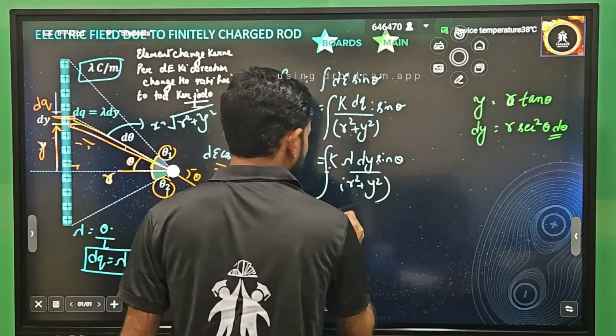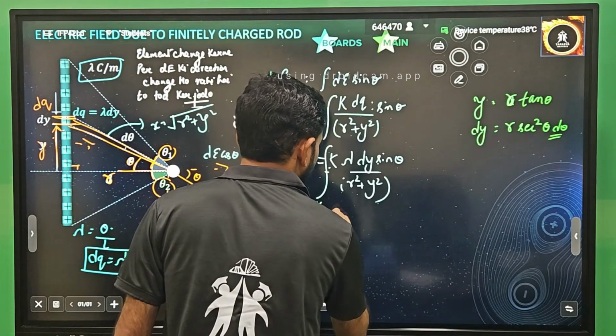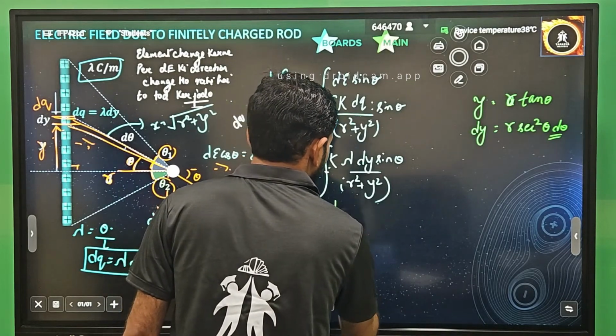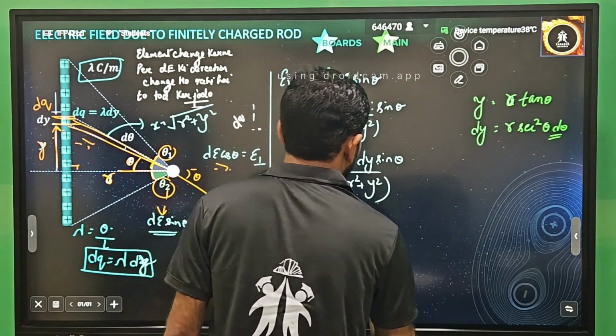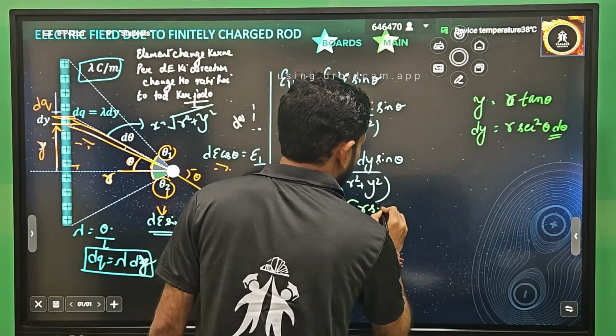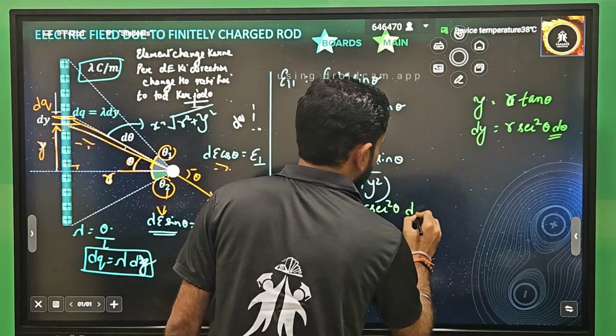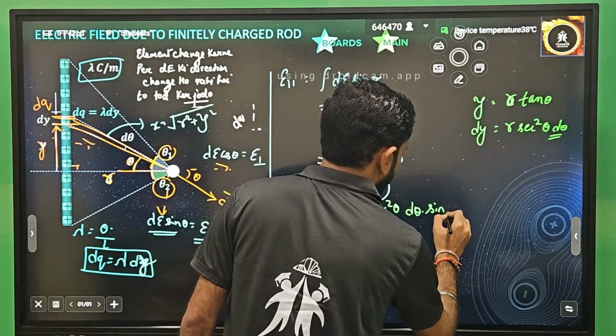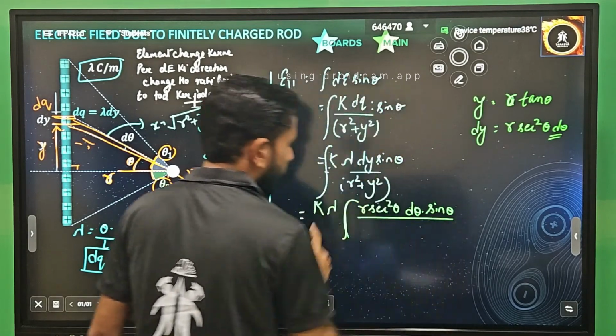Now just replace this complete thing here. Take these constants out of the integration and write just the remaining part. In the numerator, we write r sec square theta into d theta, and there is a multiplication of sin theta as well. And in the denominator, what will happen?